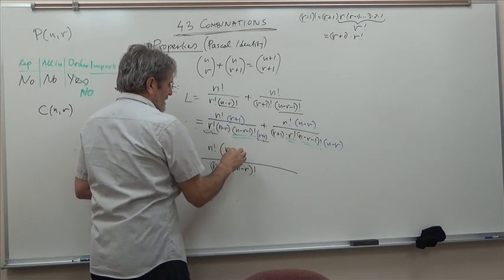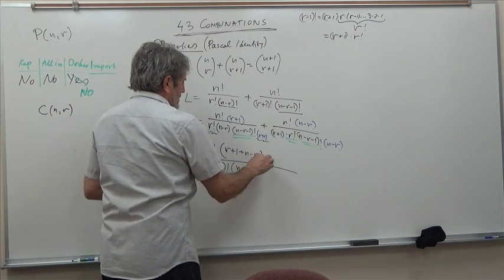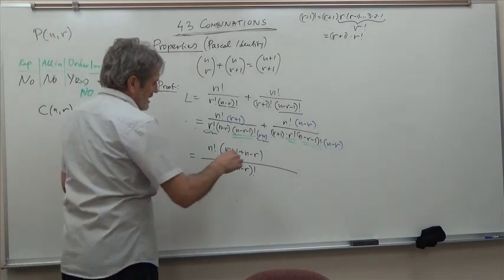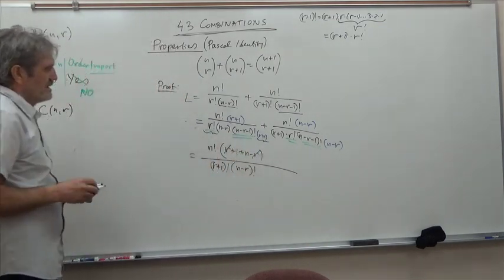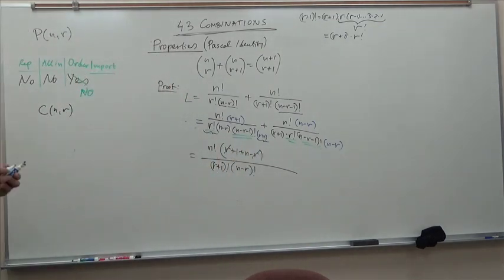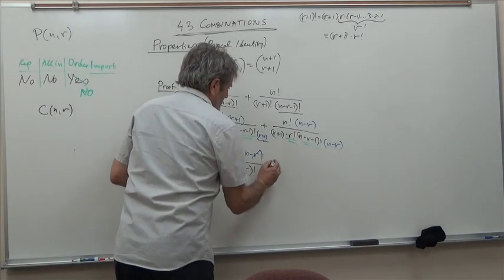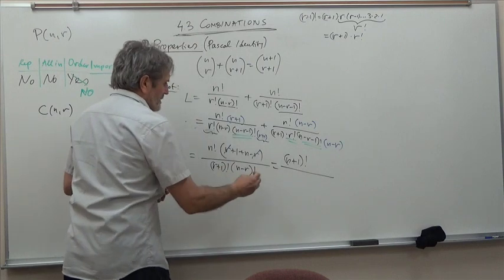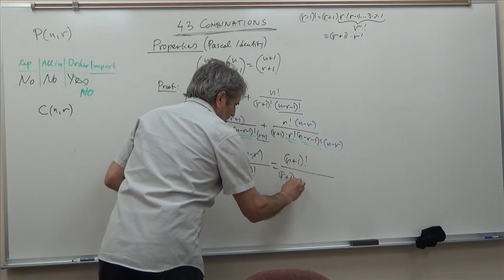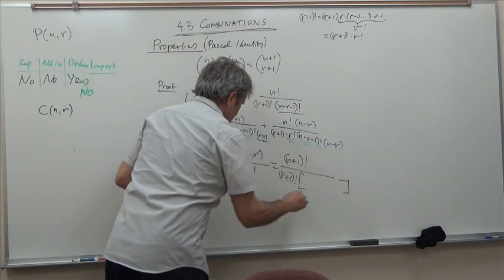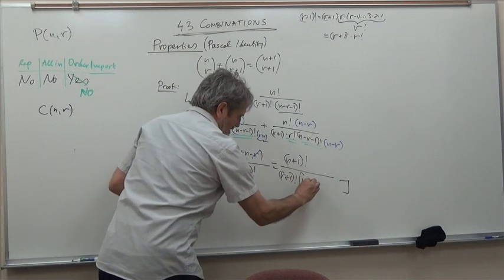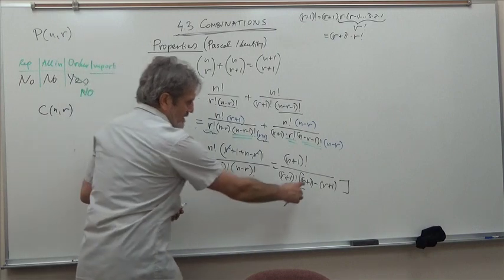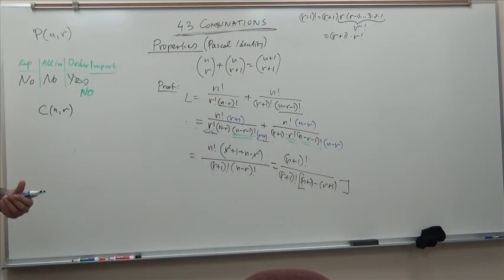And who's left? r plus 1 plus n minus r. And then what? r and r cancel. So what do I have on top? n plus 1 times n factorial, which is n plus 1 factorial. What do I have on the bottom? r plus 1 factorial. And in order to match the definition, I will write it as n plus 1 minus r plus 1. 1 and 1 cancel, so they're the same thing.